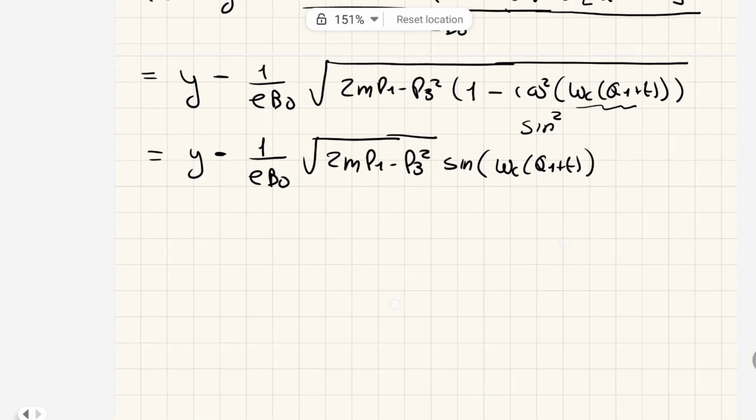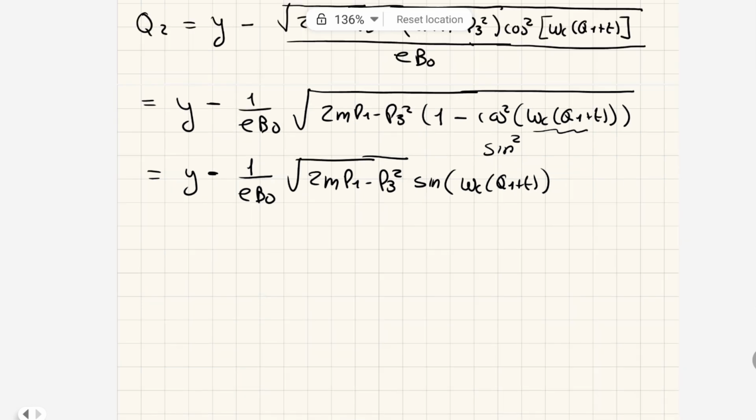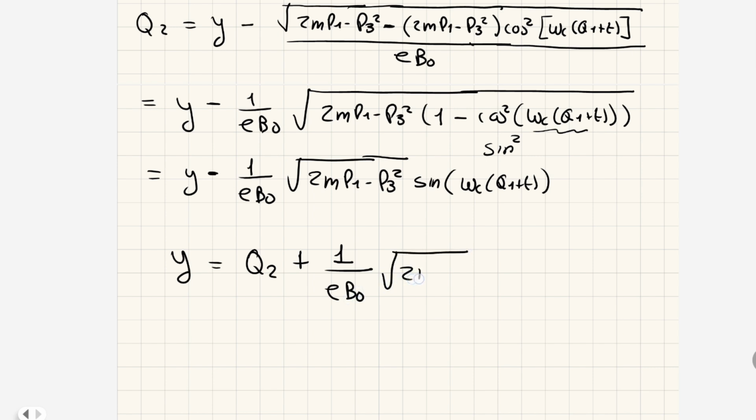Perfect. So with this we can just solve for y to get that y is equal to q2 plus 1 divided by eB0, square root of 2mP1 minus P3 squared, and then sine of omega c q1 plus t.